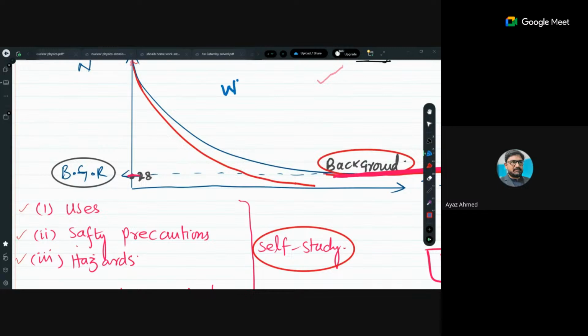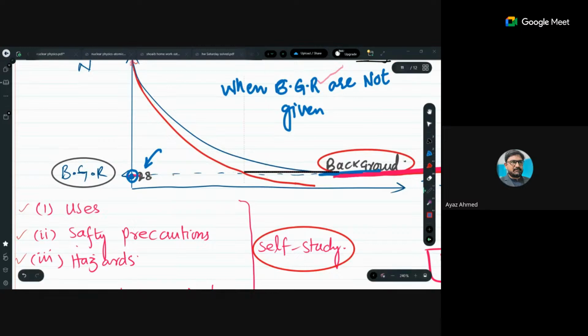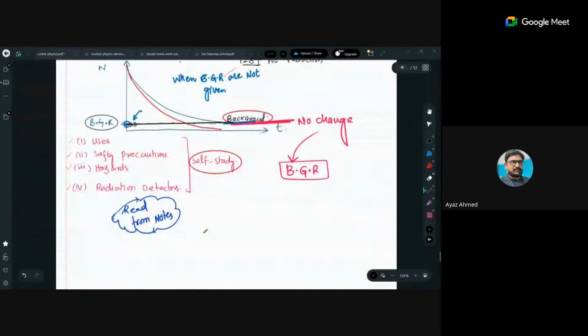When background radiations are not given, okay, it is not told you what is the number of background radiations, then what you have to do, you have to monitor the constant level of the graph and this point. So whatever this count rate is, this is the number of your background radiations. Okay. This is the number of background radiations. Got it?